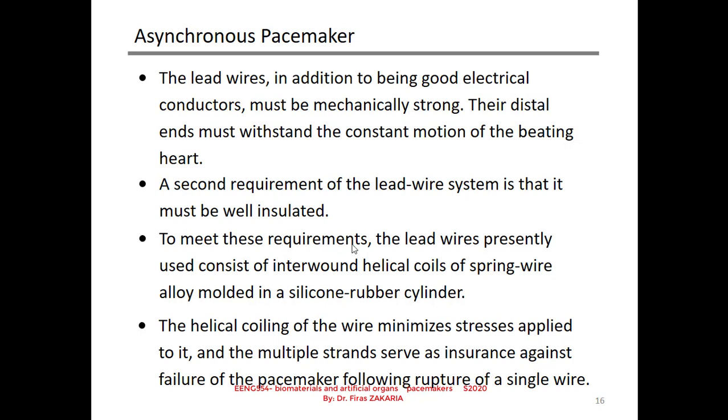فإذا to meet these requirements lead wires ممكن يكونوا consist of interwound helical coils of spring wire alloy molded in a silicon rubber cylinder. هون نحن عم نحكي عن الماتيريال of the lead wires. فإذا ليش؟ لأنه الهيليكال coil of the wire minimizes stresses applied to it.